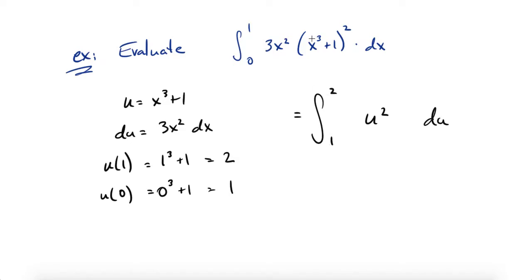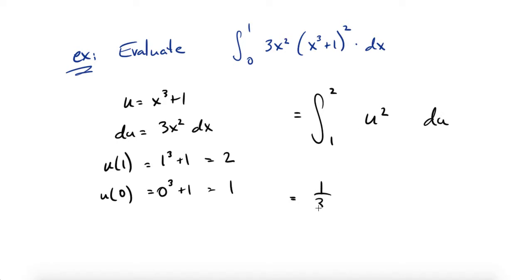So just like I replaced all these pieces of the function that used to be in terms of x with u, I also replaced my upper and lower limits, which used to be in terms of x, with their new corresponding values for u. So now I've taken this, which looks kind of complex, and replaced it with something extremely straightforward if you're familiar with the very basics of antidifferentiation.